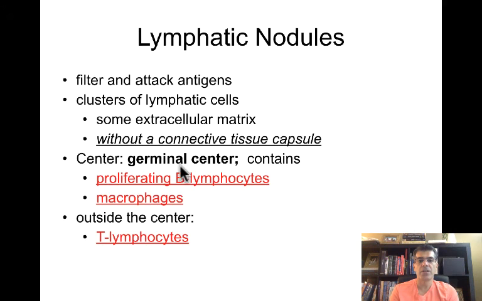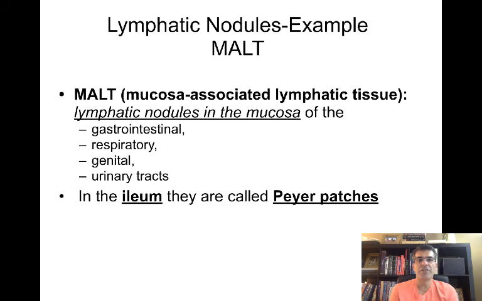The germinal center is composed of B cells that are proliferating and macrophages. The outside cortex is composed of T lymphocytes. So inside we have B cells and outside we have T cells. Inside we also have macrophages. An example of a lymph nodule is MALT.